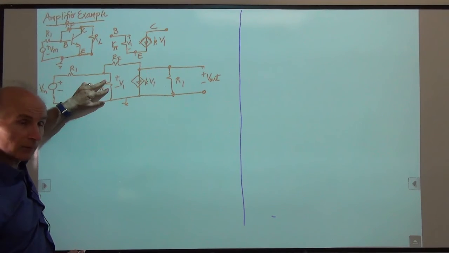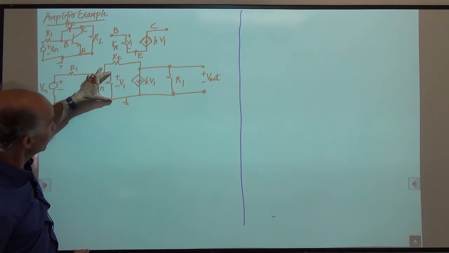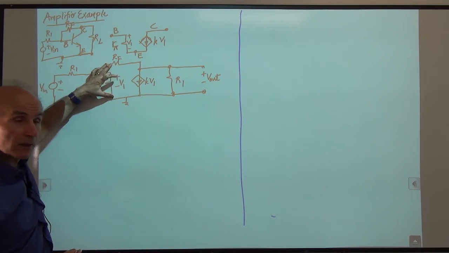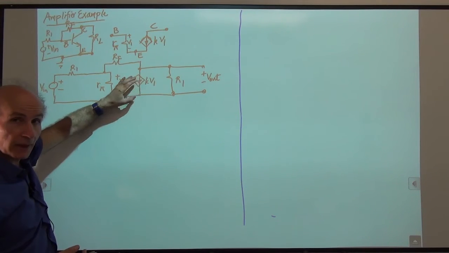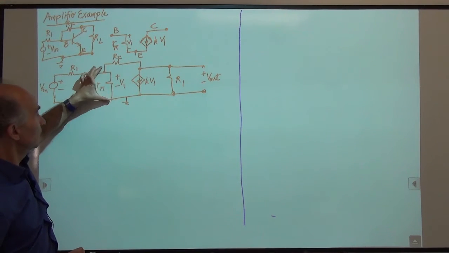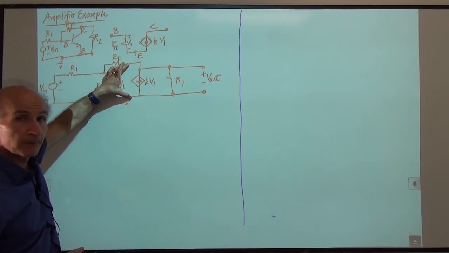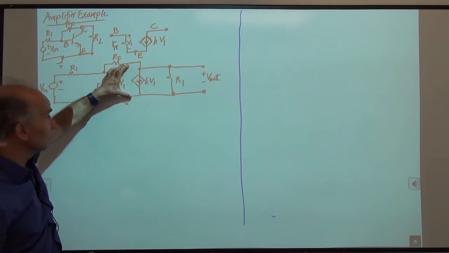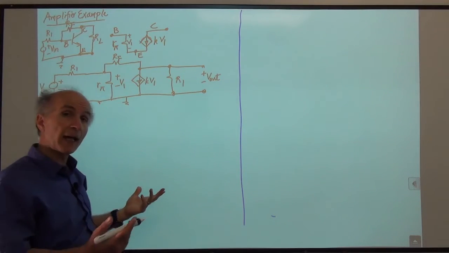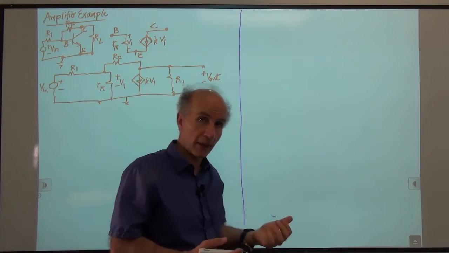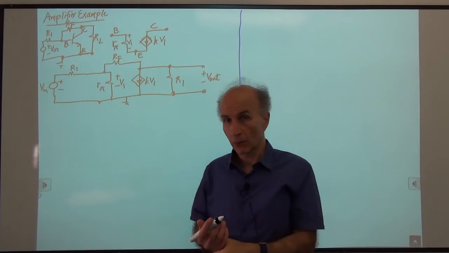We can do that because from R pi going to the right, we have only two wires, right? This wire and this wire. This voltage is controlling something in the other section, but it's fortunate that this voltage appears between the two wires that are going that way. So I could do that. I could make this and this and this my section A and try to find a Thevenin or Norton equivalent for it.